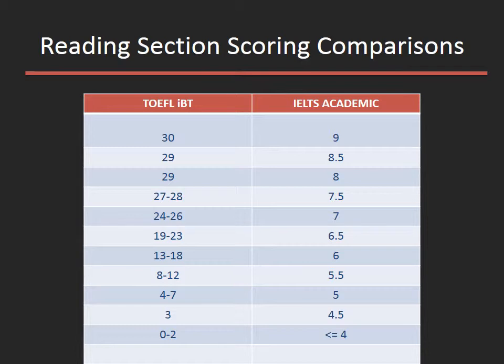Although the two measures use different scoring systems, it can be noted that conversion charts between the two results are widely available. Looking at some of the figures, we can see that a 30 on the TOEFL IBT is equivalent to a 9 on the IELTS academic test.